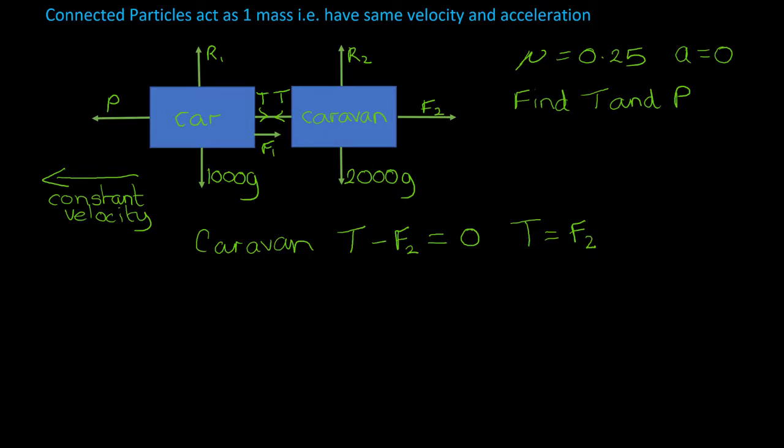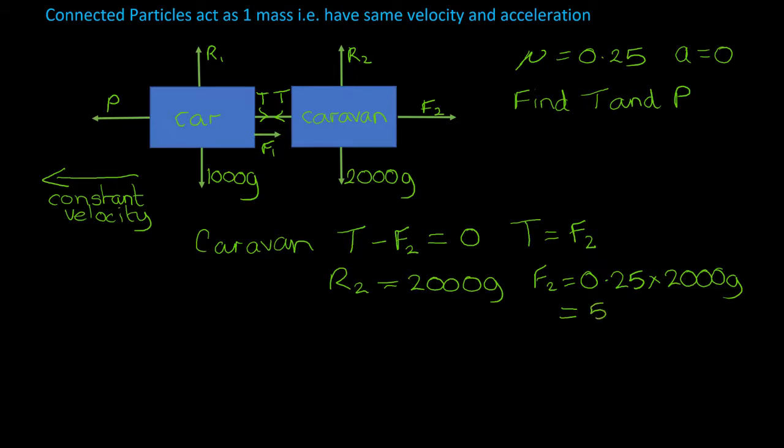So to find our friction force on the caravan, we first need to find the reaction on the caravan, which is R2. And so resolving vertically this time, we can see that R2 will equal 2000 G, and using F equals mu R, where mu is 0.25 in this case, times our R, we can find that F2 is going to be equal to 500 G newtons.